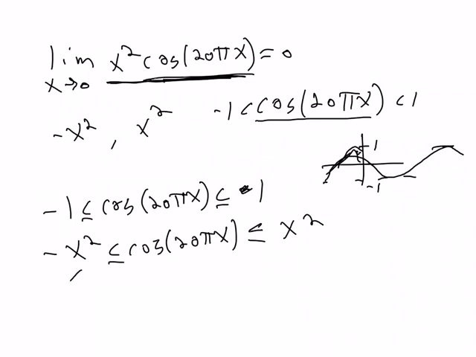So now we can look at this function as f of x, this function g of x, and this function h of x, and f of x and h of x are squeezing g of x. And the limit as x approaches 0 of x squared is equal to the limit as x approaches 0 of negative x squared, which is equal to 0.